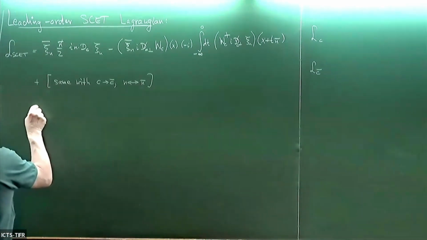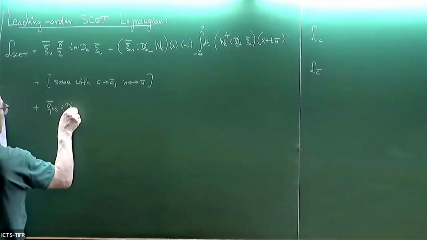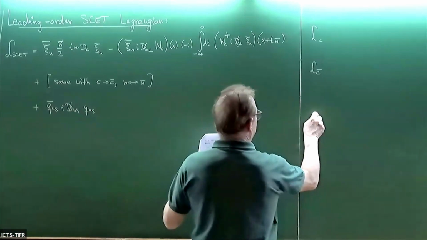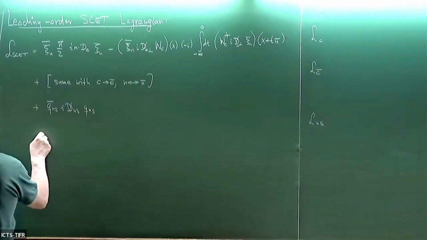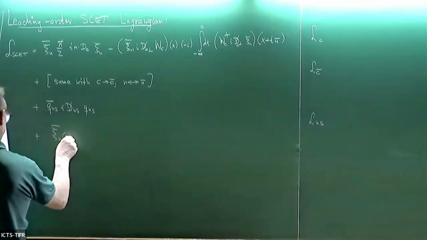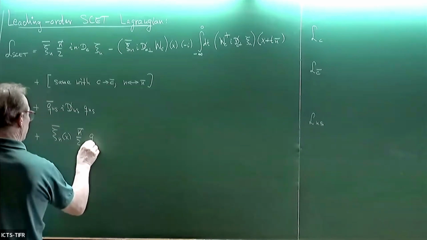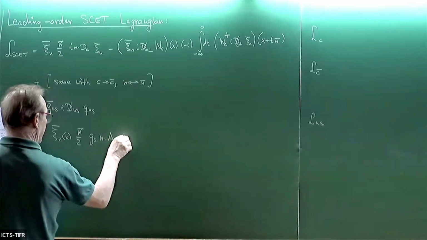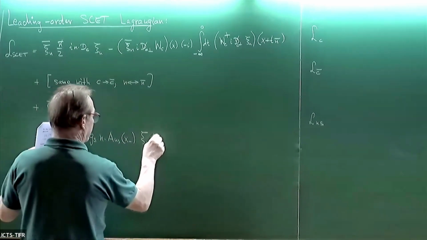Now the ultrasoft Lagrangian, Q ultrasoft, i D-slash ultrasoft, Q ultrasoft, like in QCD. Nothing changed there. And now the interaction terms, C_n of x, n bar-slash over 2 g_s n·A ultrasoft of x minus, C_n of x.